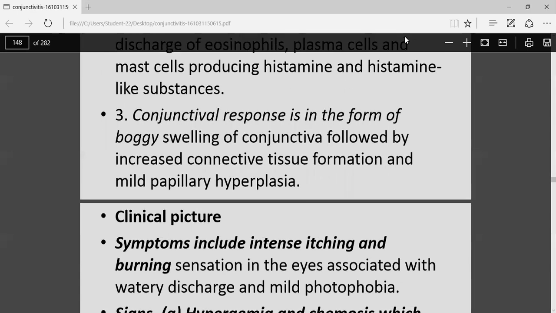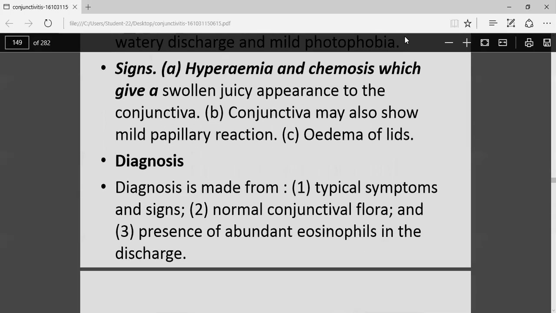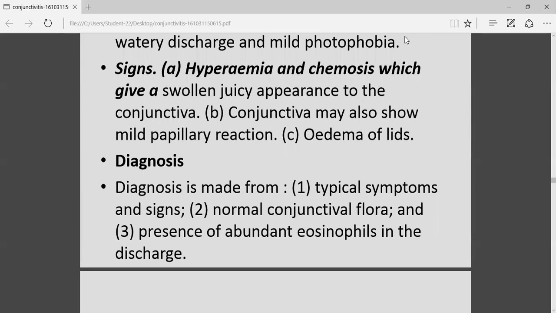The clinical picture in all these types of allergic conjunctivitis, there is basically watery or scanty discharge, and then there is edema of the lids, there is papillary reaction, and diagnosis is made from the typical signs and symptoms.